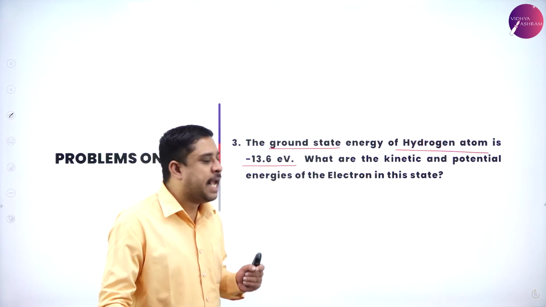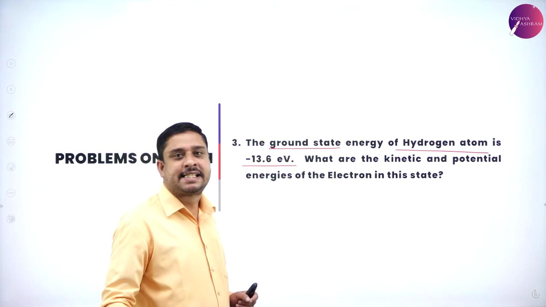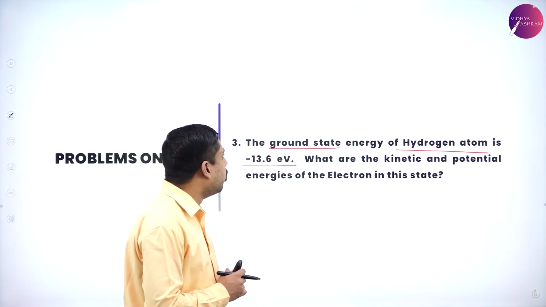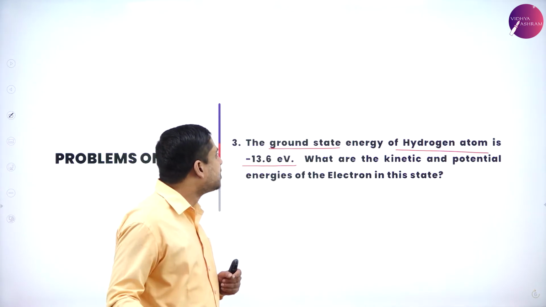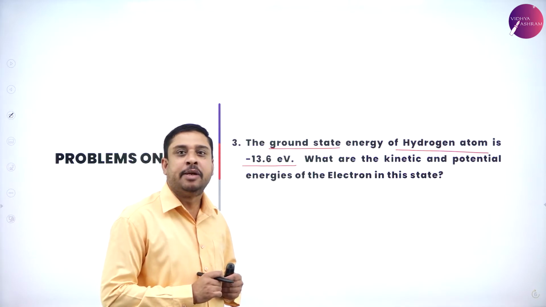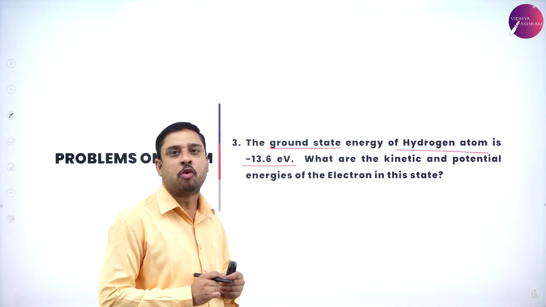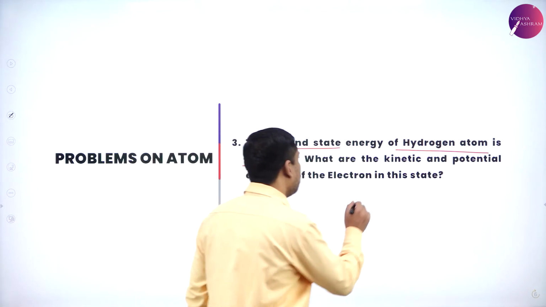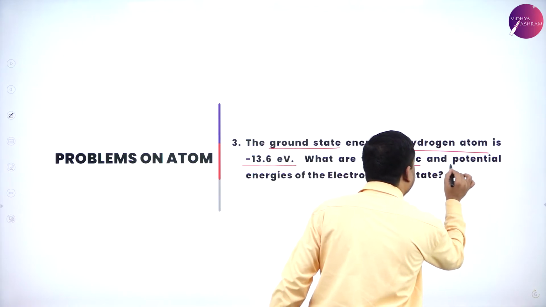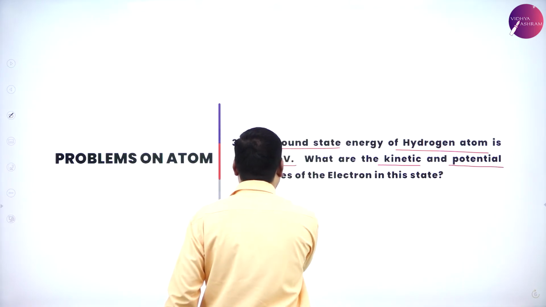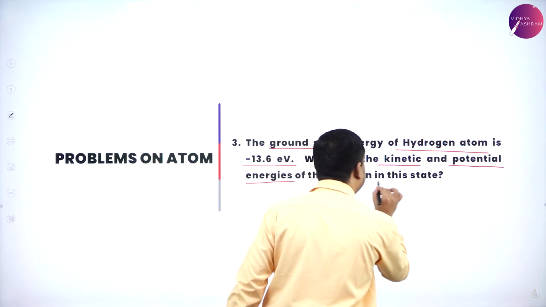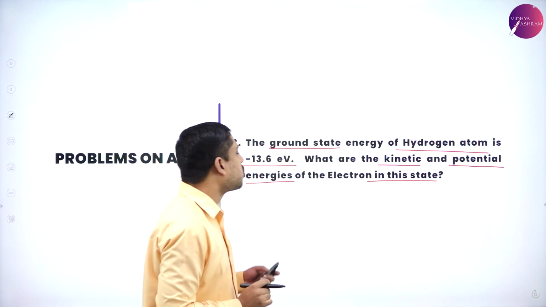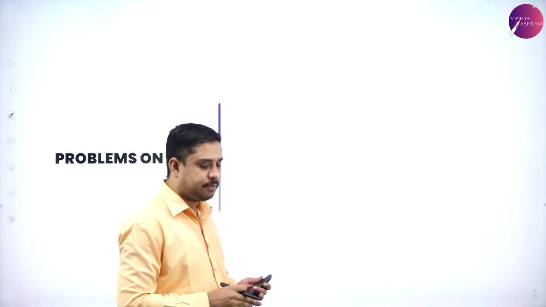Energy in the ground state of a hydrogen atom is minus 13.6 electron volt. What is the kinetic and potential energies of the electron in this state?